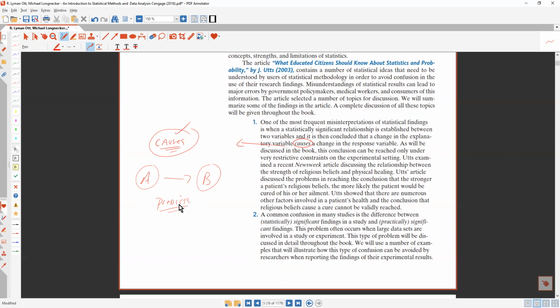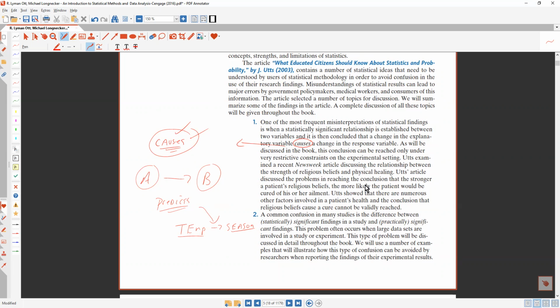So if I tell you that the temperature outside can help us predict what season we're in, right? Temp predicts season. Well, even if there's a highly predictive relationship there, we'd never say that temp causes the season, right? We would say that temp predicts what season we're in, but causation is a whole different thing altogether.